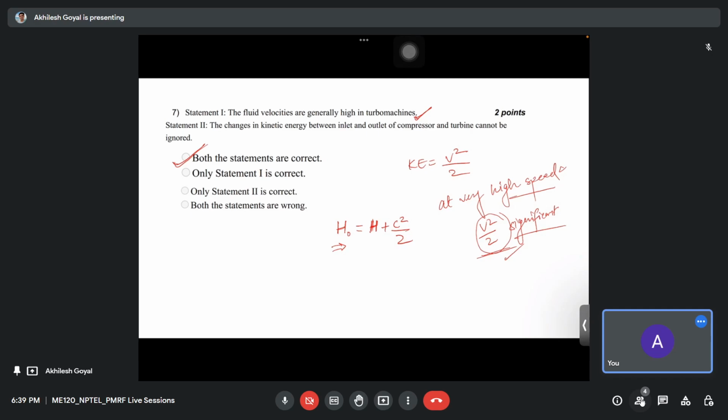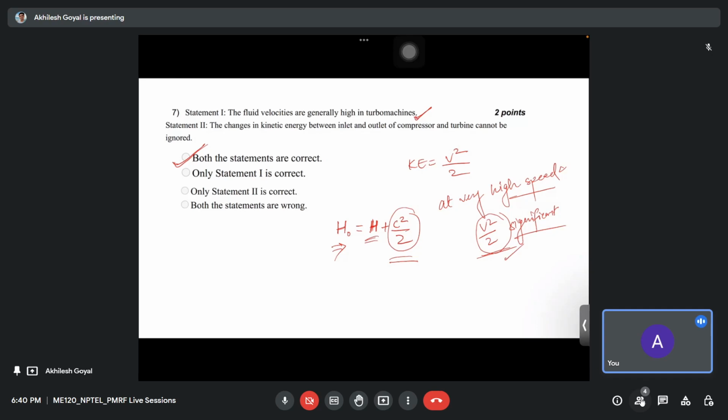If we bring a flow to the stationary position, then the velocity of that flow becomes zero, and this change in velocity results in a change in kinetic energy. So this c square by 2 is the kinetic energy part that is added to the normal enthalpy of a system or flow. So that's how these stagnation properties are defined in high velocity turbomachines.